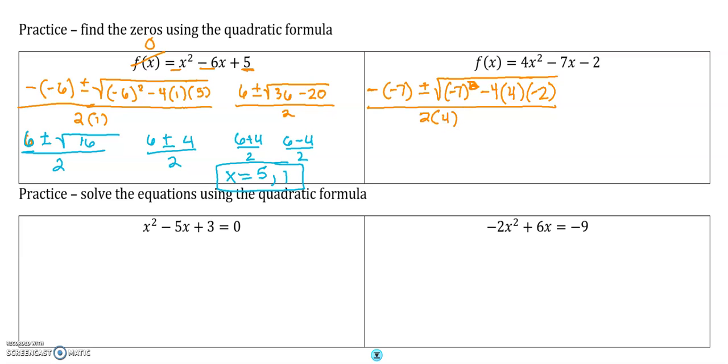Okay, we'll start simplifying. Negative 7 is just 7, plus or minus. Negative 7 squared is 49. Then we have negative 4 times 4, that's negative 16, times negative 2 again. It's going to give us a positive 32. Over 2 times 4 is 8.